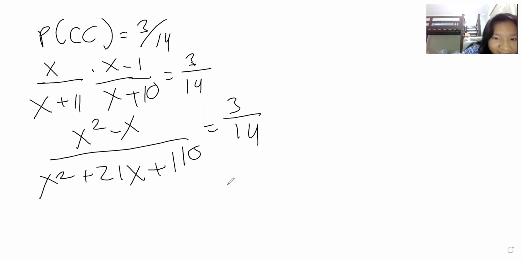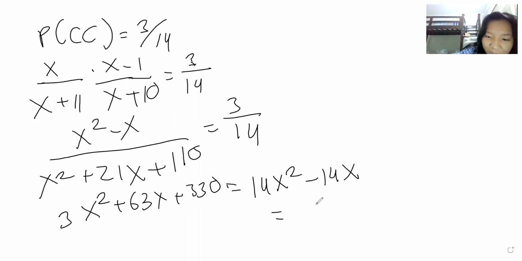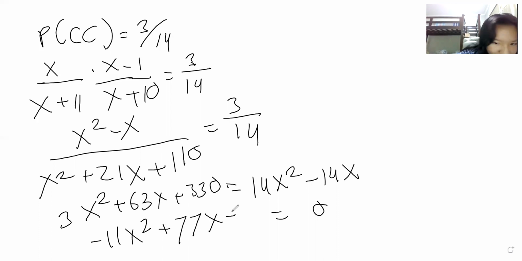Okay, we can cross multiply this one. It will become 3X squared plus 63X plus 330. And for the right side, 14X squared minus 14X. Move this to the left side and you'll get many numbers: 3 minus 14 is minus 11X squared, plus 77X plus 330.